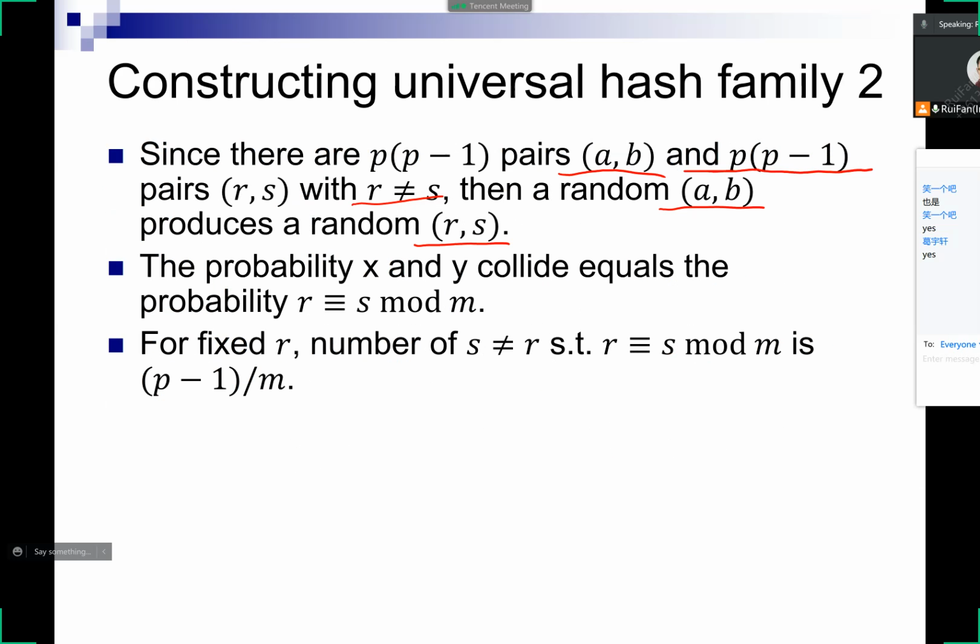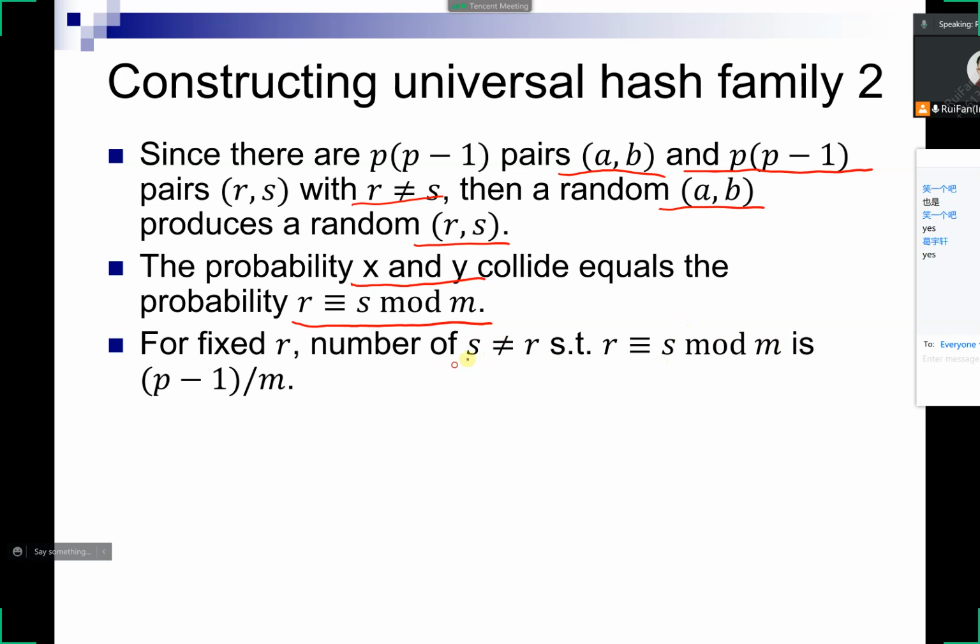So now what we have is that, remember, we're trying to figure out the probability that X and Y collide. X and Y are only going to collide if R is congruent to S modulo M. Now suppose you fix R. Then look at how many other S's, S not equal to R, are congruent to R modulo M. Well, S has P possible values from 0 to P minus 1.